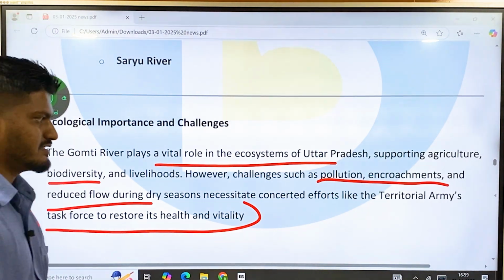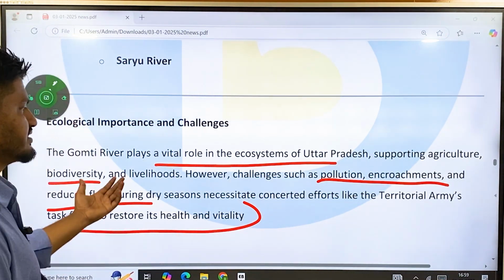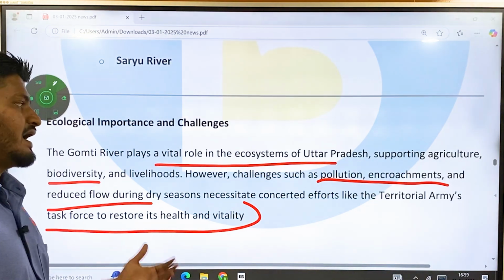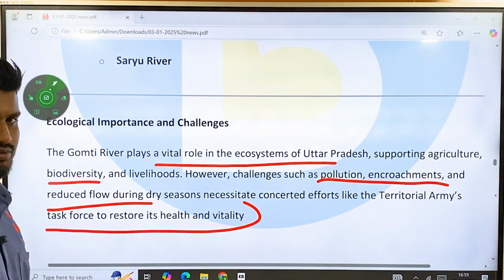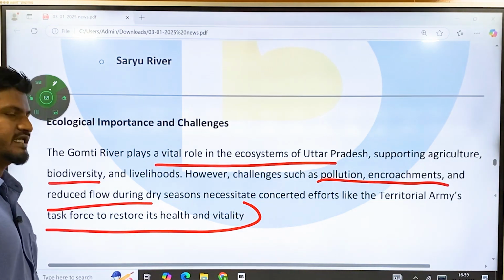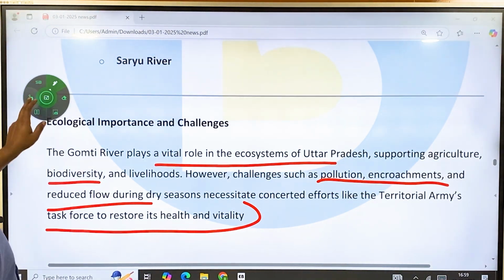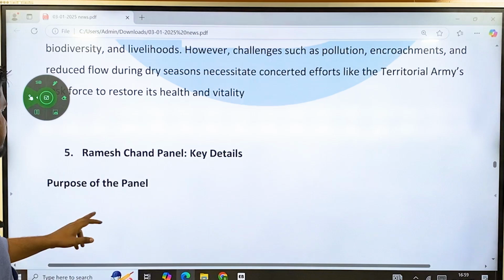So this scheme is very important considering the significance of the Gomti River to Uttar Pradesh, its livelihood, its agriculture and its biodiversity. So the hope is that the Territorial Army's task force is successfully maintaining the river's health.